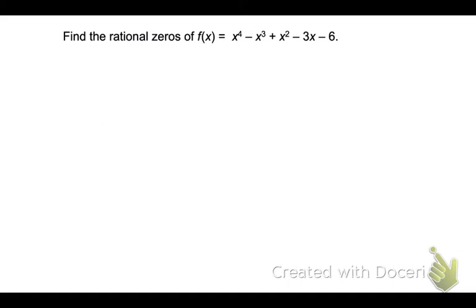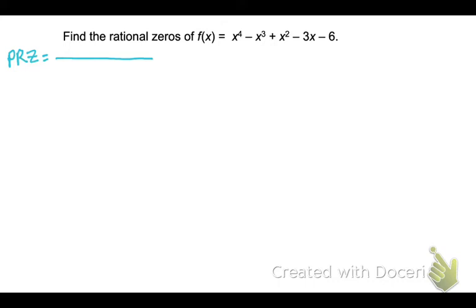Okay, so find the rational zeros. Well, first of all, we need to do the PRZs. What are the PRZs? I did abbreviate that. Possible rational zeros. It said the factors of the constant. What is the constant? 6. 6 is the constant, yes?